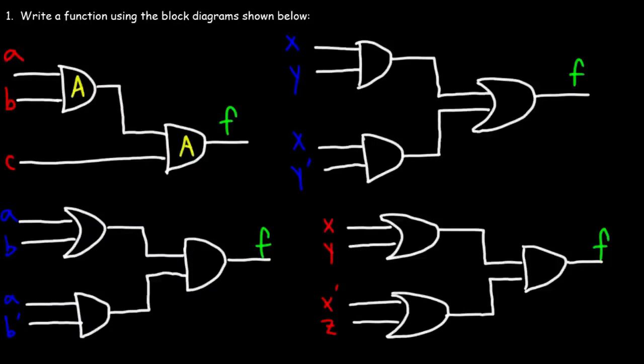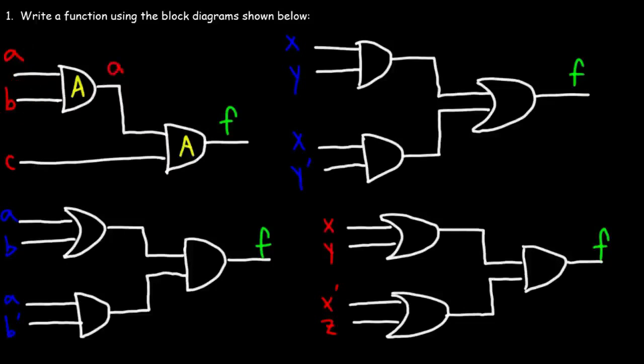Now, notice that the inputs of the first AND gate are A and B. When dealing with an AND gate, you need to associate it with multiplication. And when dealing with an OR gate, associate it with addition. So what the AND gate is going to do is take the two inputs and multiply them together.